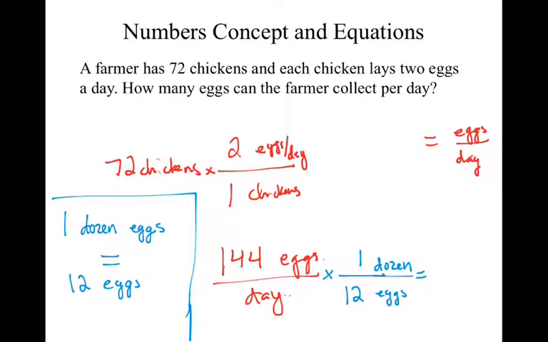Okay? And we do our calculation and we end up with 144 divided by 12, which hopefully I'm right, is 12 dozen eggs per day.